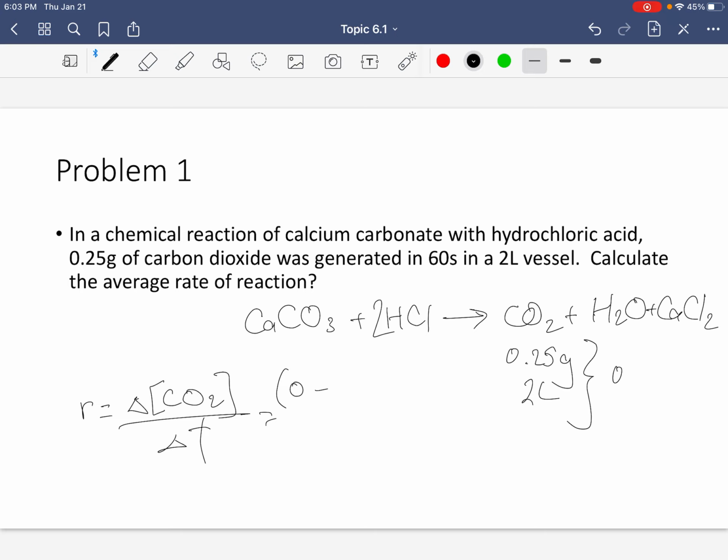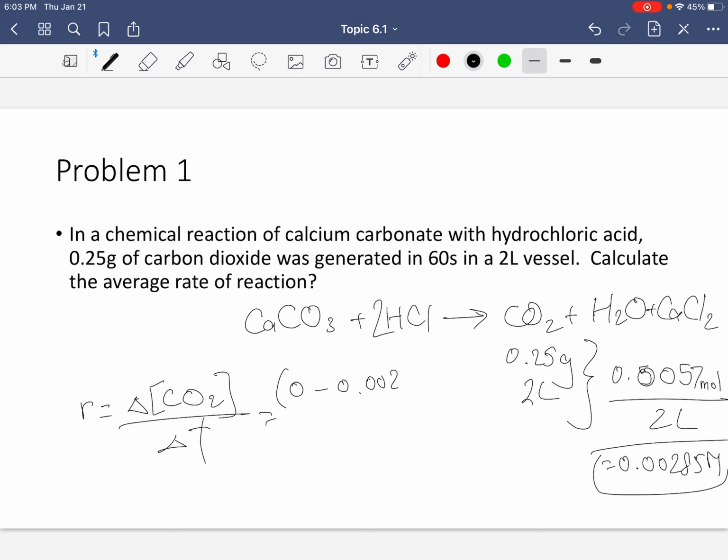Okay, so that would be 0.0057 mole per 2 liter, which is 0.00285 molar. Okay, so 0 minus 0.002. Oh, what am I doing?